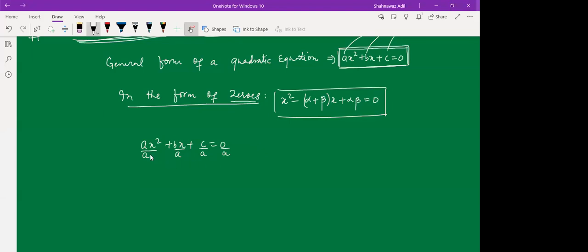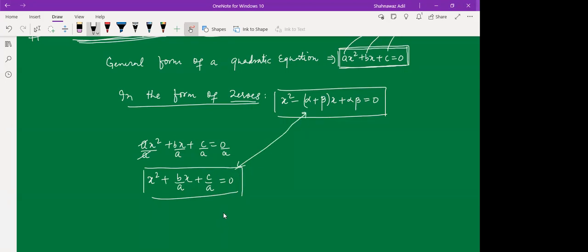So this is one, and now this is B by A, and this is C by A, and this is equal to 0, right? So now we can compare these two terms.